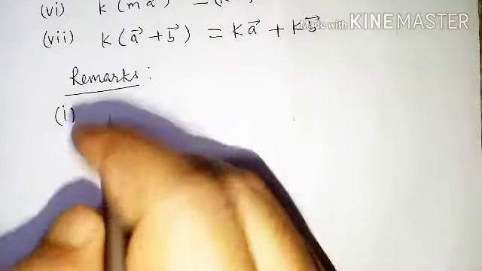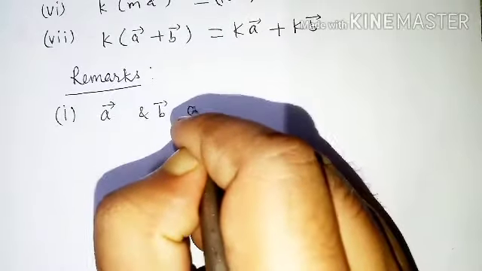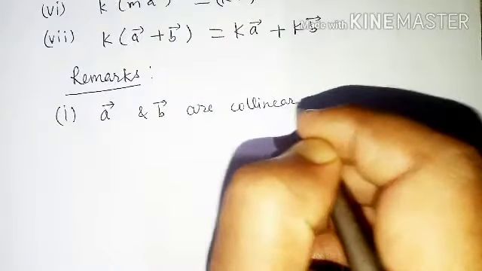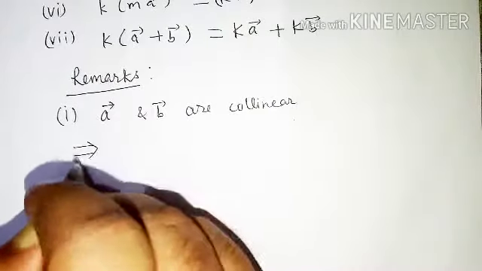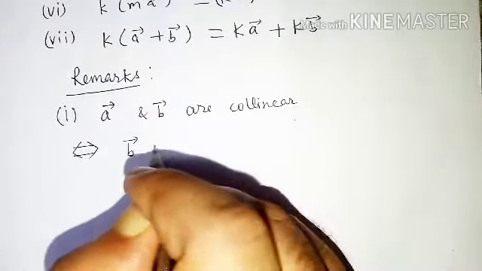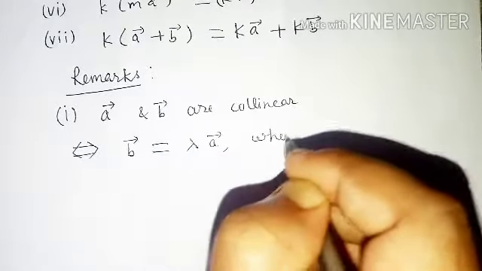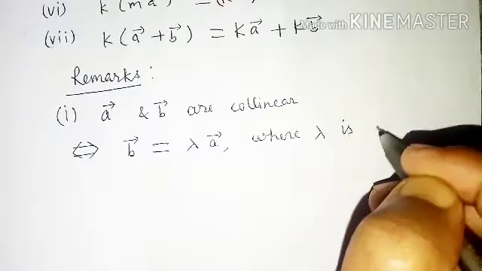Remarks: vector A and vector B are collinear if and only if vector B is equal to lambda vector A, where lambda is a non-zero scalar.